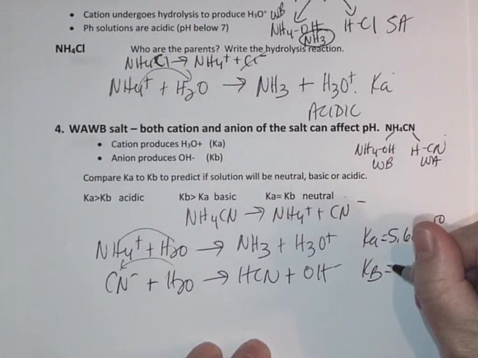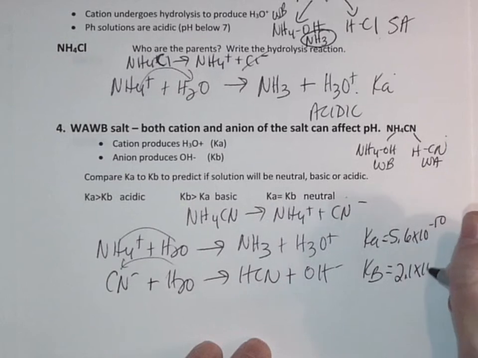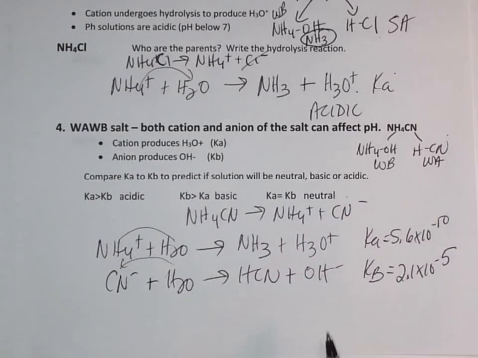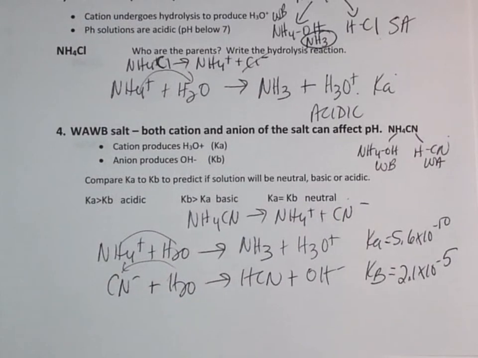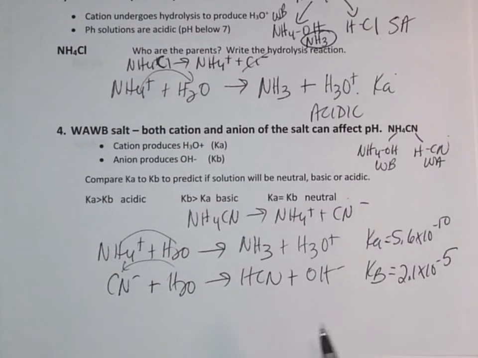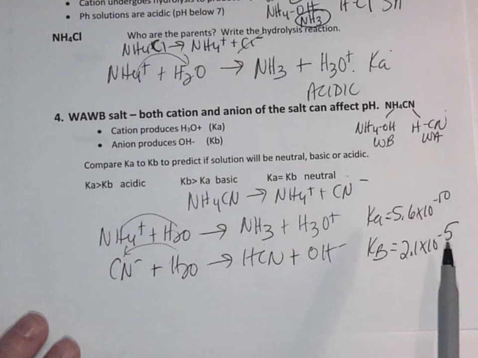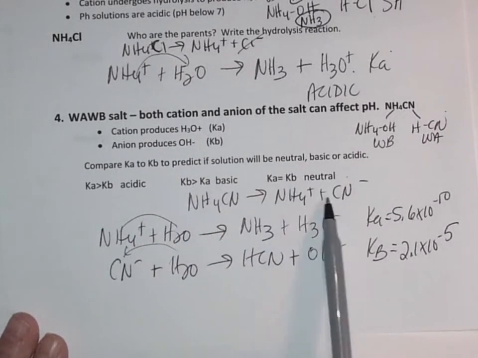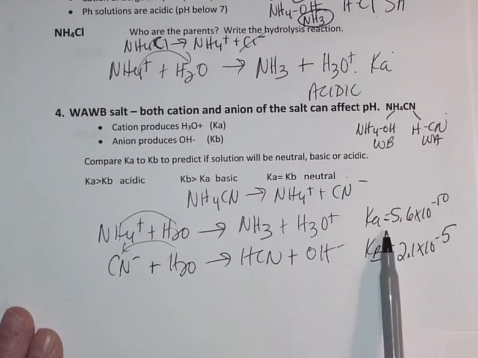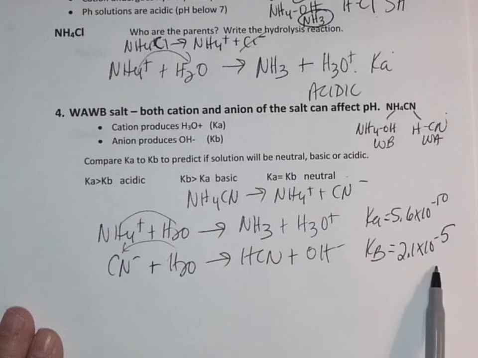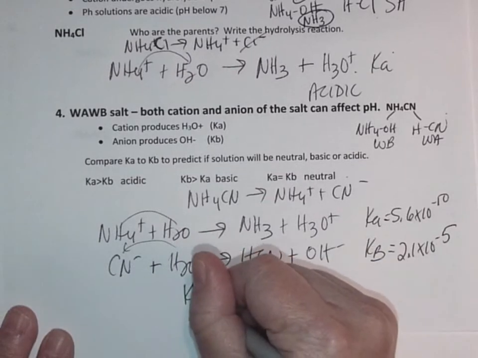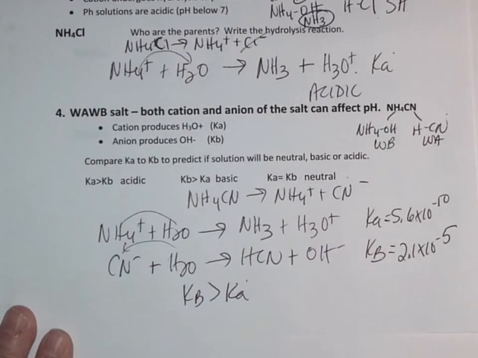Kas and the Kbs. And in the back of your textbook, in an appendix, is the Kas and Kbs of all of this. So all of this is in a chart in the back of your book, in the appendix. We take a look at this to say that whichever is the largest is going to be the hydrolysis reaction that is important. And we can see that the Kb value is greater than the Ka.